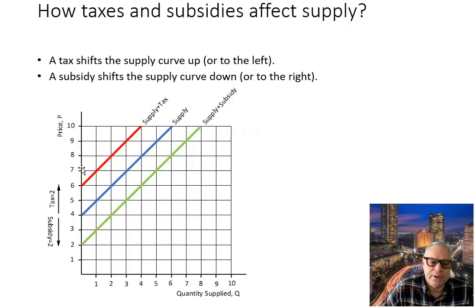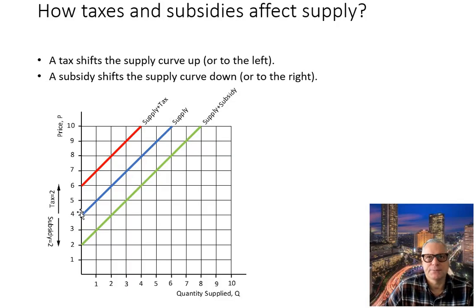So that means if the price was 7 and the current quantity supplied was 3, then the total revenue would be 21. But now the government also gives the producer an additional subsidy of 2, and that for each unit.